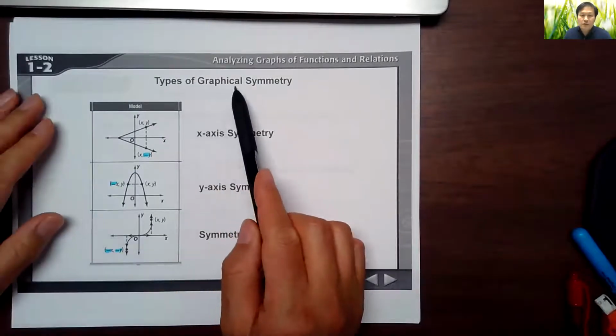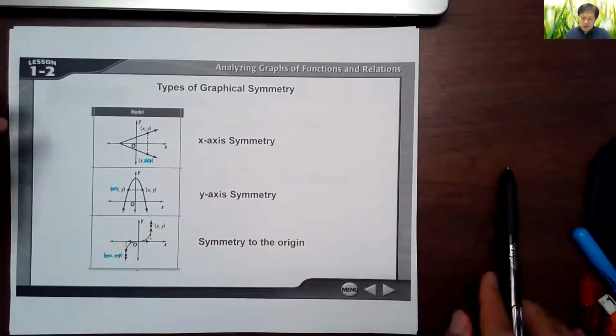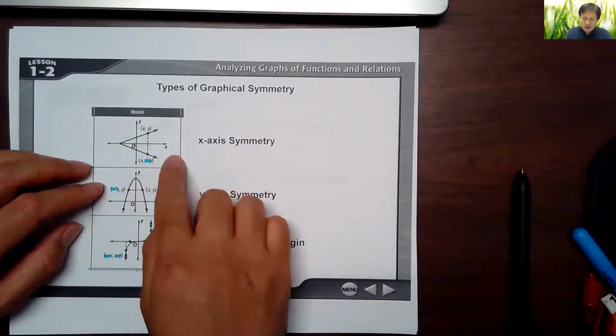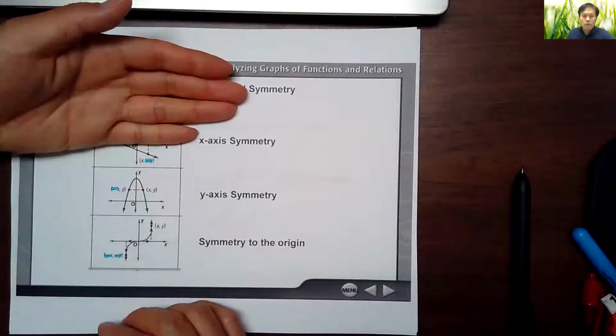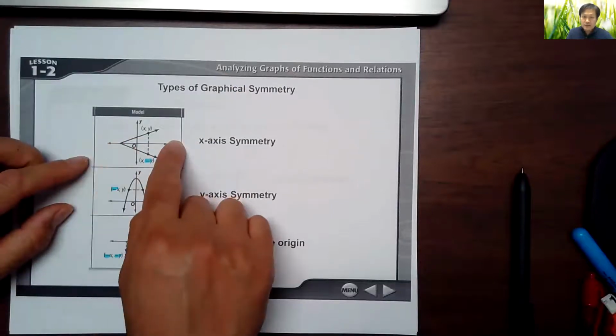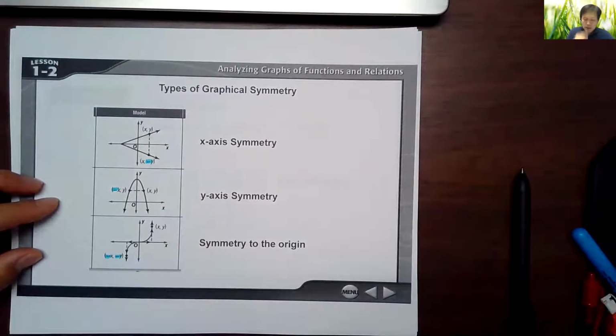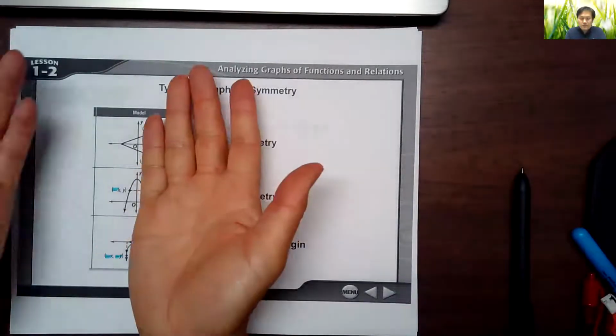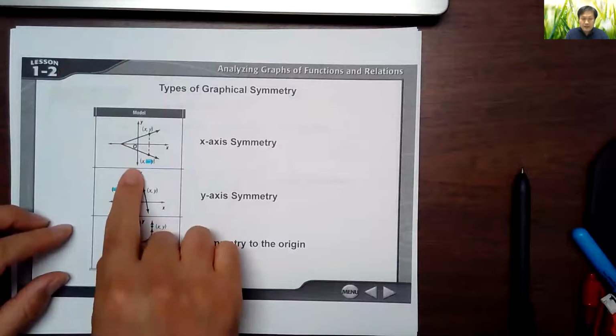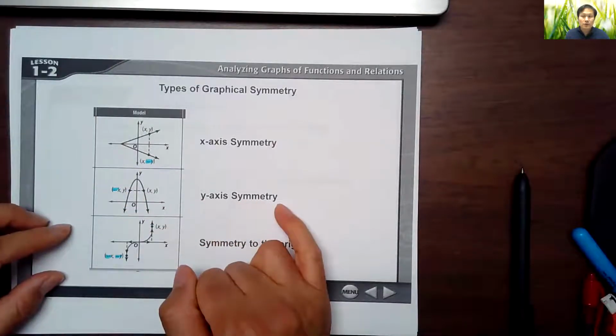Types of graphical symmetry. If a graph is provided, as you can see, it's symmetric over the x-axis. So we say x-axis symmetry. If you look at this graph, it's symmetric over the y-axis. We say y-axis symmetry.